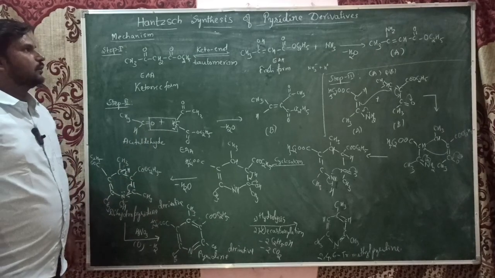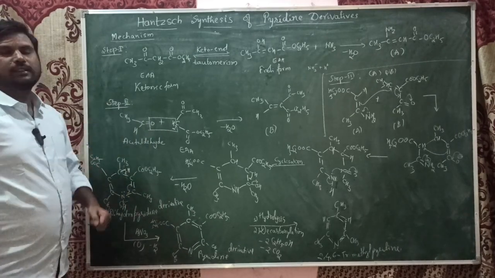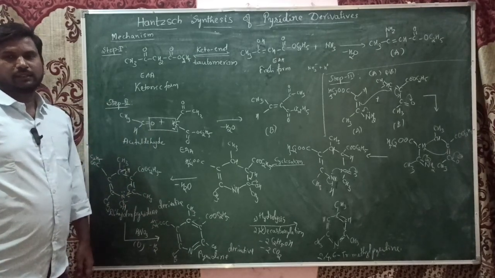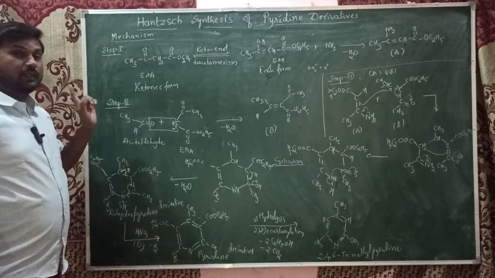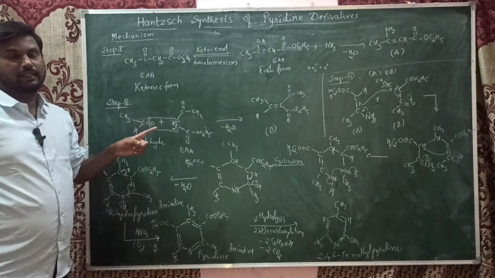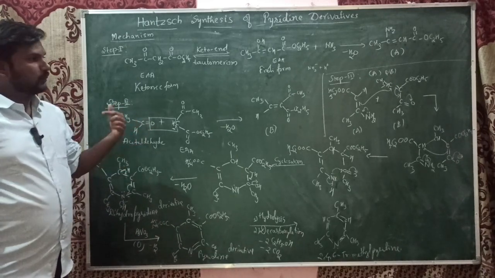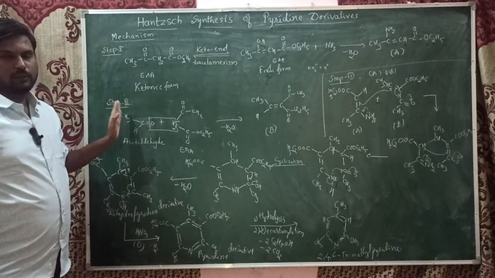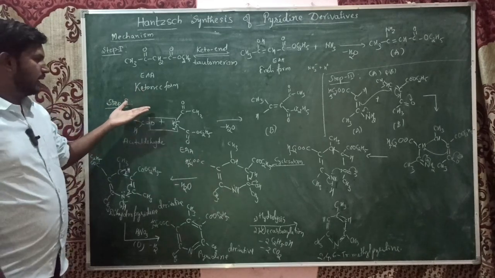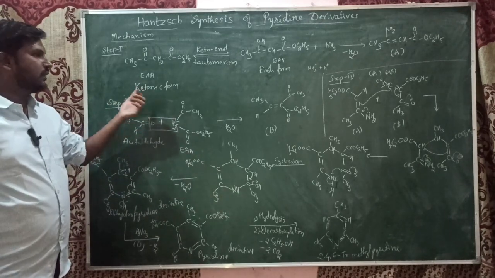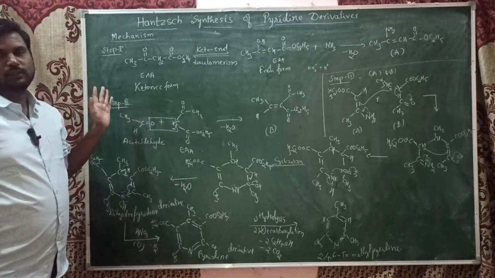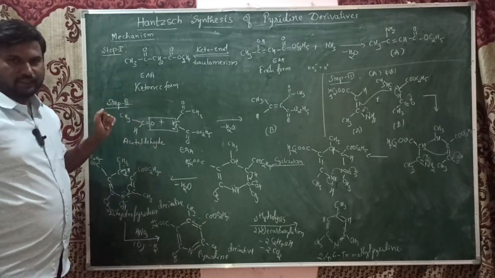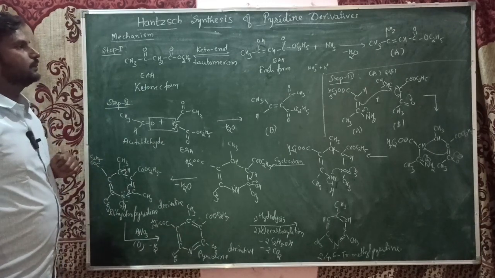This is one of the syntheses for pyridine, by Hantzsch, a German chemist. So I think you got it. Please write it down. As practice makes a man perfect, you need to practice writing this procedure, this mechanism. Then only you can get it.